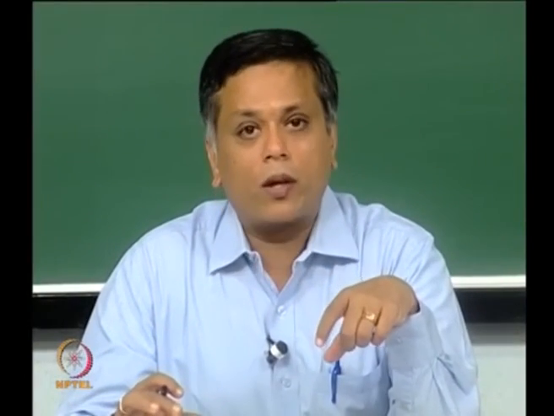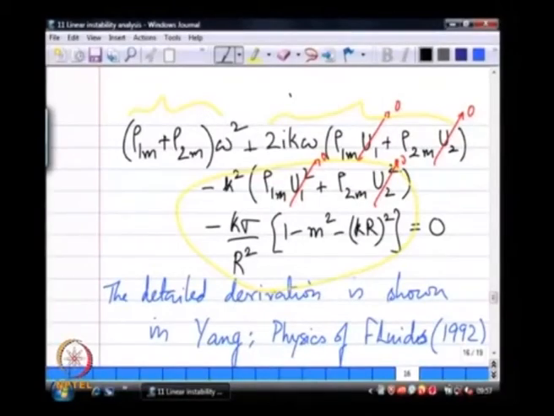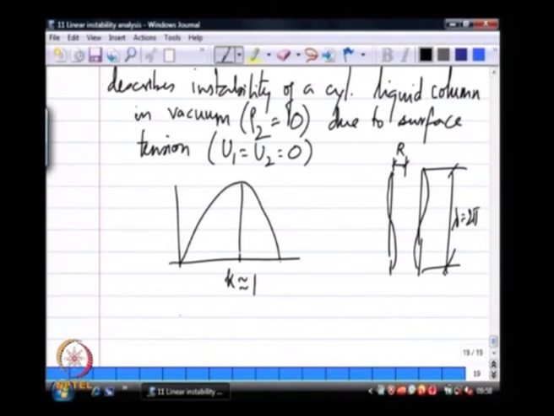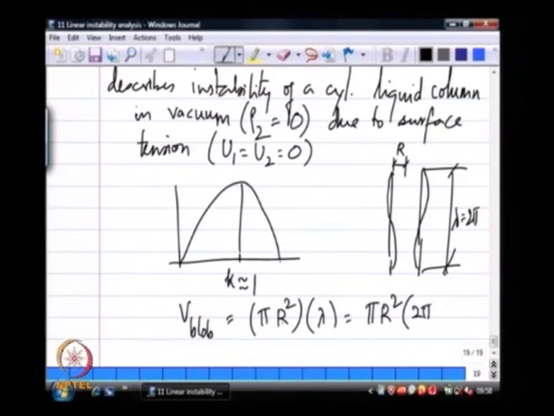Okay. So, this case where we took a linear stability result and we are able to predict a drop size from knowing that the volume of the blob formed is pi r squared times lambda, which in this case happens to be pi r squared times 2 pi r.